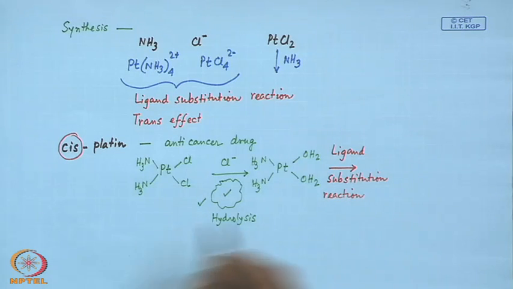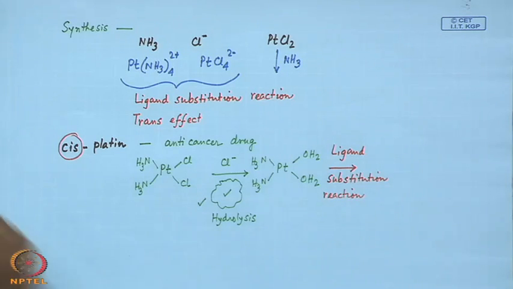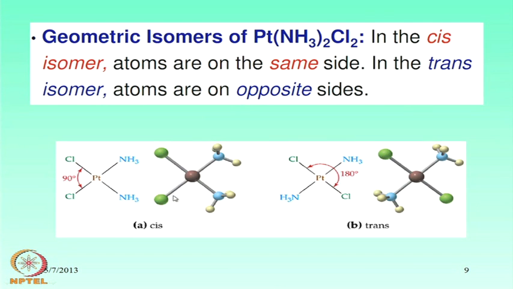So, these two compounds are very useful, since the cis isomer can have a different function in terms of anti-cancer activity, where the trans isomer is inactive, because it has two positions which are diagonally opposite to each other, and if there is any kind of hydrolysis, it cannot function as a clip. These two, where they are 90-degree apart, can function by binding two adjacent bases in the DNA molecule.